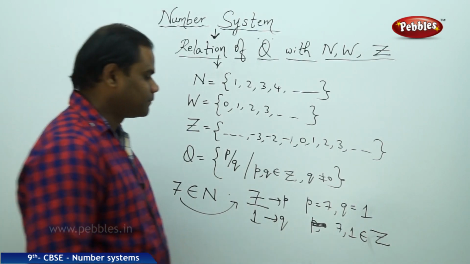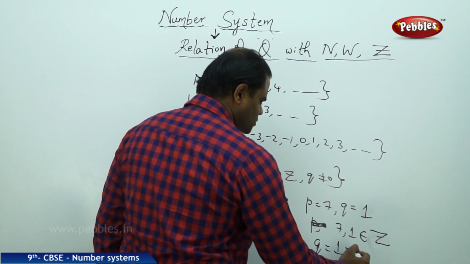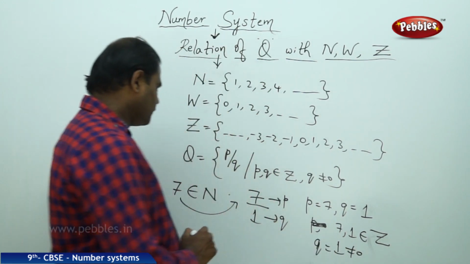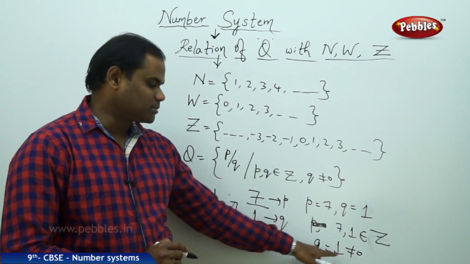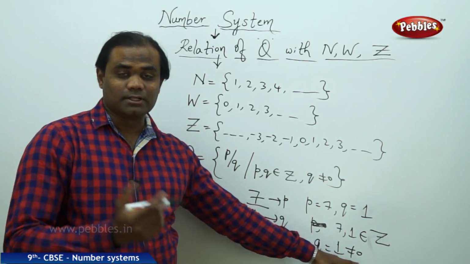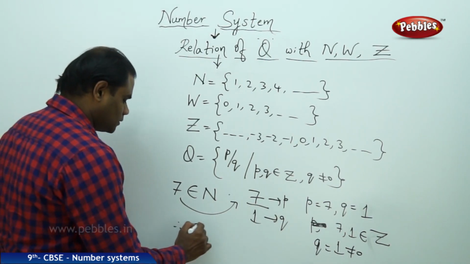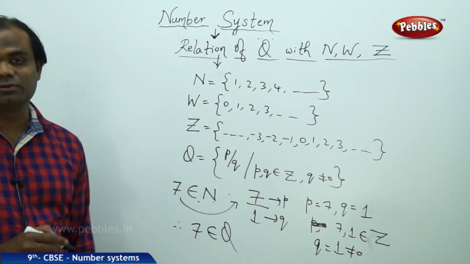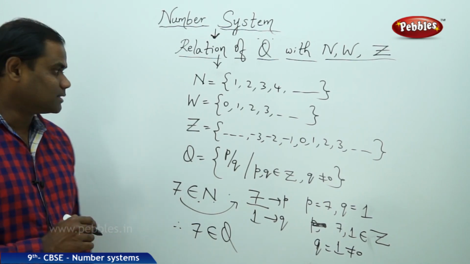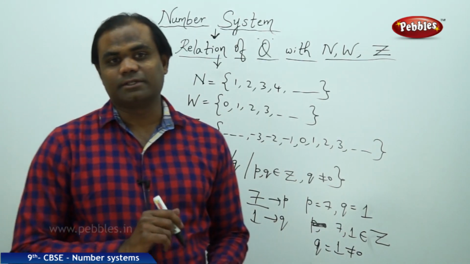And 1, which is the denominator, is not equal to 0. Therefore, every natural number 7 belonging to N can also be expressed in P by Q form, that is 7 by 1, and it becomes a rational number. Therefore, 7 belongs to N and 7 also belongs to Q. Therefore, I can say all natural numbers are part of the rational numbers.